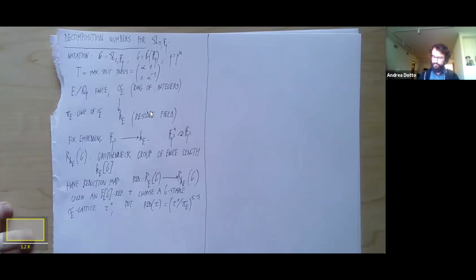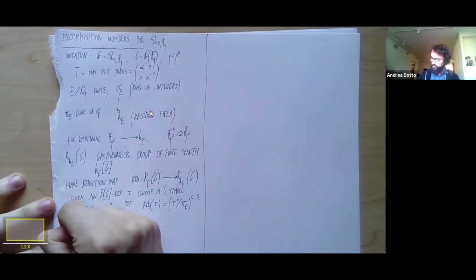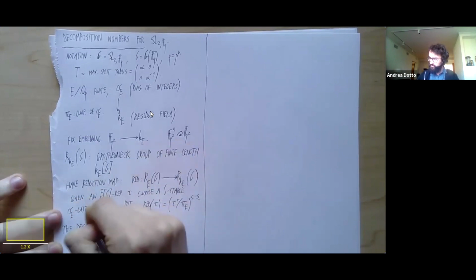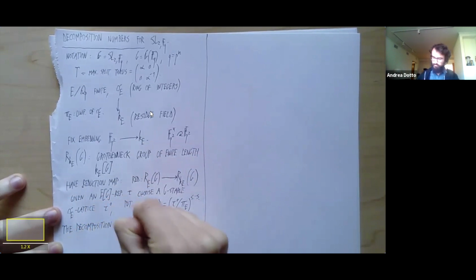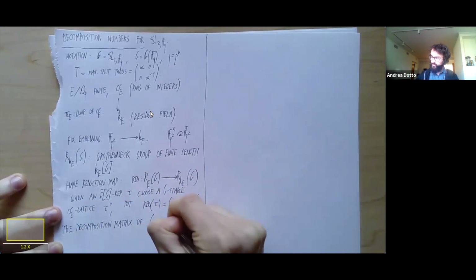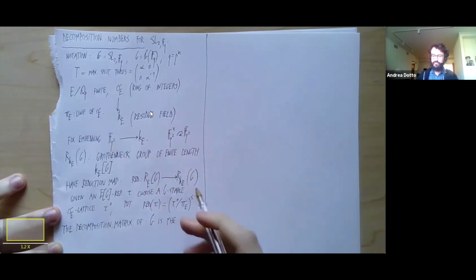The first goal of this talk is to say something about the decomposition matrix, which is just the matrix of this map, the decomposition matrix of G. In order to talk about a matrix, I need to choose two bases, and here I'm just going to use the basis of irreducible representations.